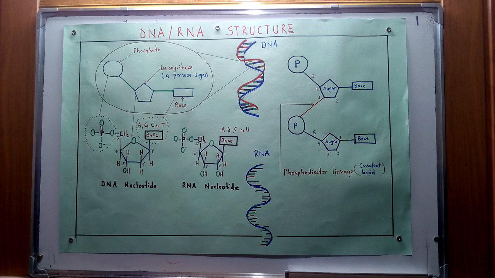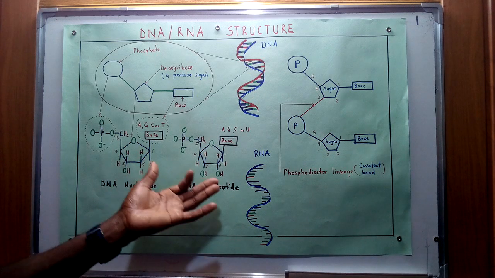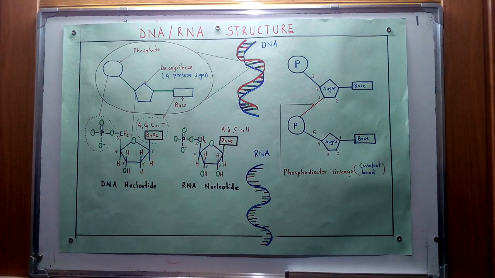So let's catch up in our next video, which we're going to show the difference between bases in nucleic acid so far as their structures are concerned, and perhaps the linkage that is going to happen between these double helix strands that we have talked about, which can be referred to as the attachment between a base and a base, which we are going to refer to as hydrogen bonding.